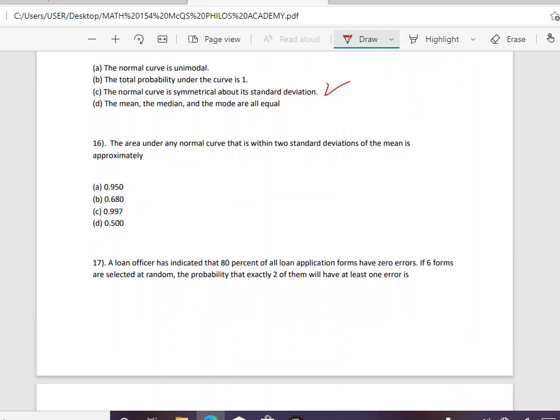Now, question 16. The area under any normal curve that is within 2 standard deviations of the mean is approximately... the answer is A, approximately 95%, which is 0.95. Between one standard deviation is approximately 68%.